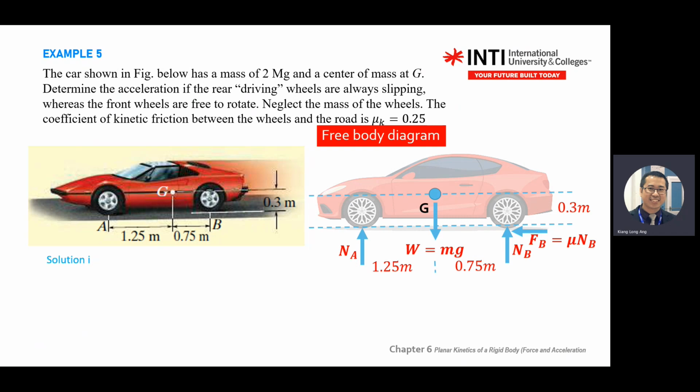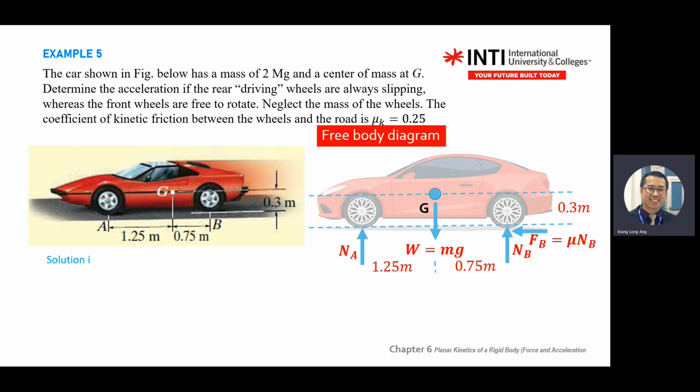It depends on the question. In the previous one, it asks you for the contact forces of the wheel, and that one is a particle. For a particle, you only have one dot. For a rigid body, you have to consider all the contact surfaces. So here you have 2 wheels, technically 4 wheels.